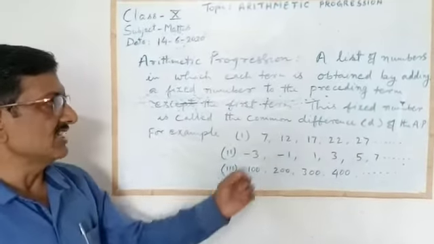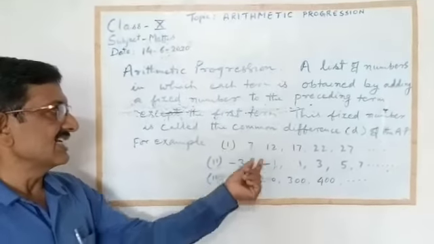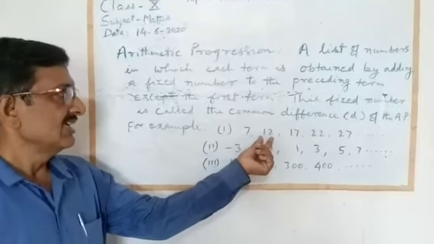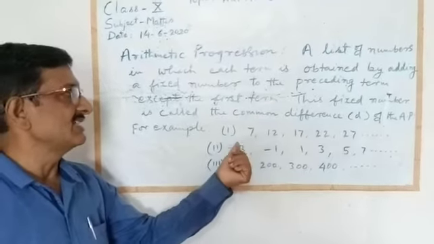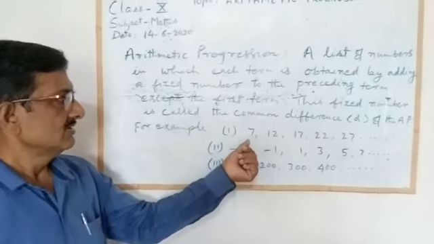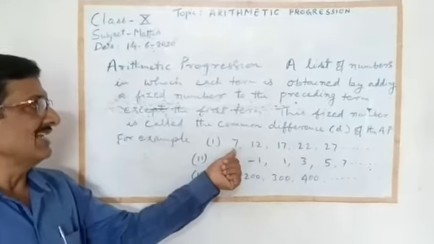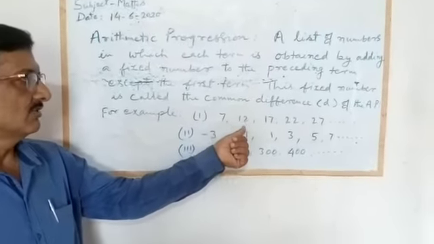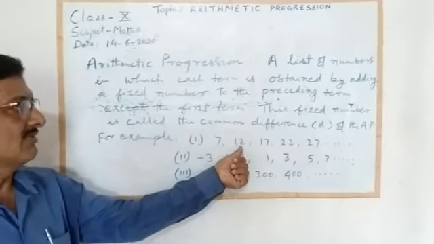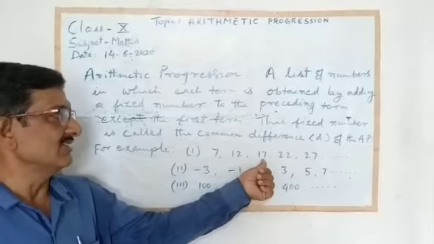Here we are observing that each succeeding number is obtained by adding 5 to its preceding number. When we add 5 to 7, we get 12. When 5 is added to 12, we get 17.